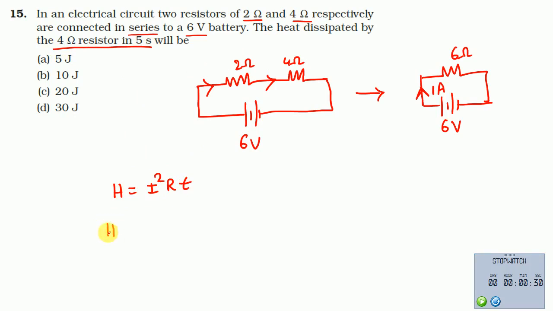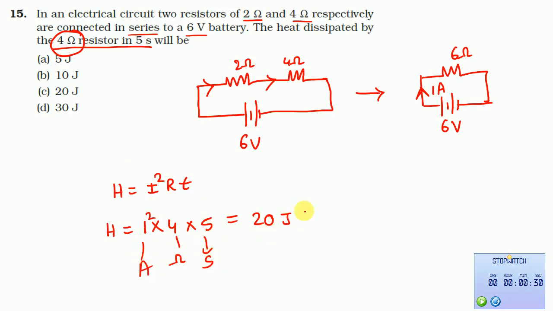The current flowing is 1, resistance is 4, 1 square is 1 only, and time is 5 seconds. So obviously 20. The answer will be in joule, because resistance is in ohm, time in second, current in ampere. The answer will be 20 joule. So C option is correct.